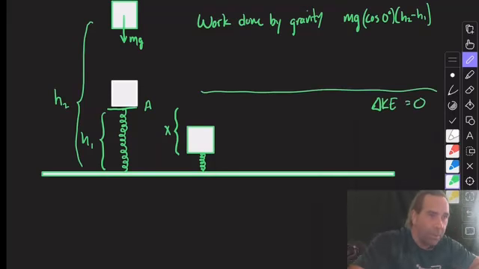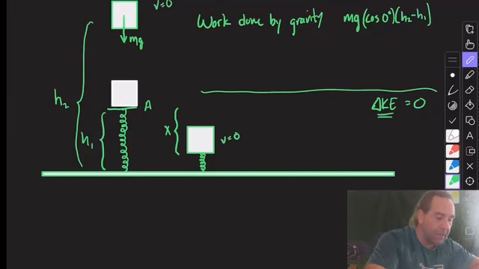The net work on the system is 0. Gravity is going to do positive work, but the spring is going to do negative work. I know the net work has to be 0 because the object starts with a velocity of 0 and ends with a velocity of 0. So the change in kinetic energy is 0.